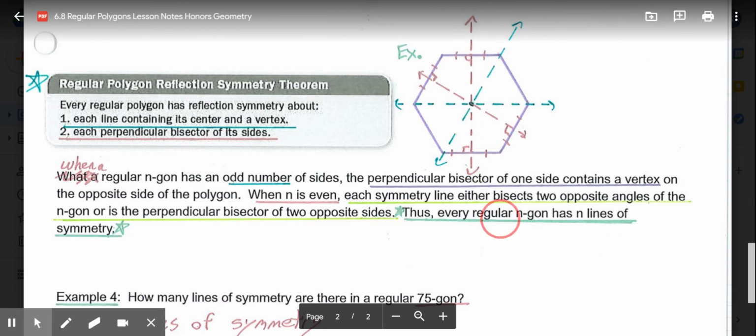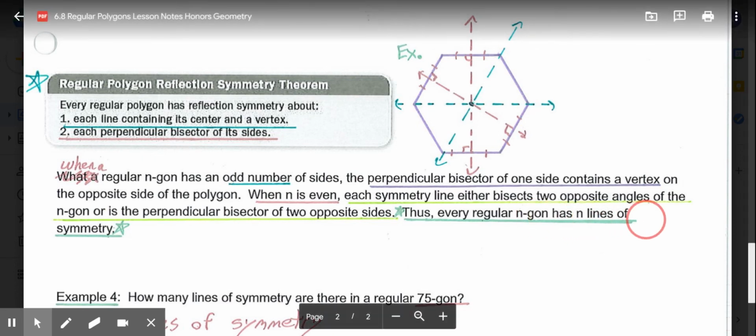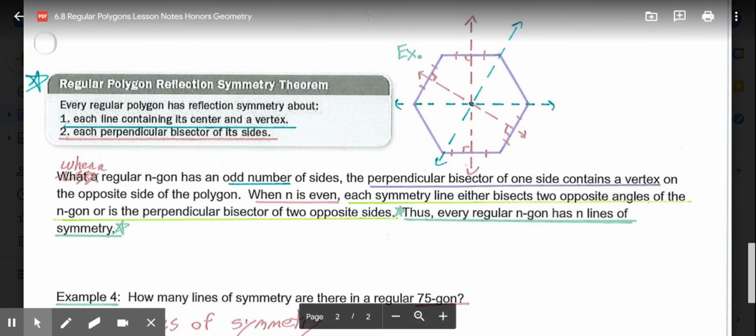Thus, every regular n-gon has n lines of symmetry. So if we have a regular hexagon, it would have 6 lines of symmetry.